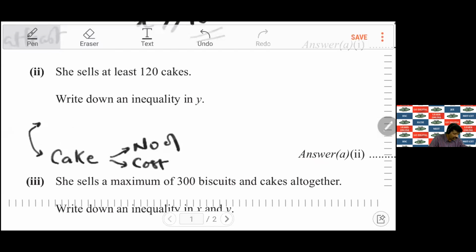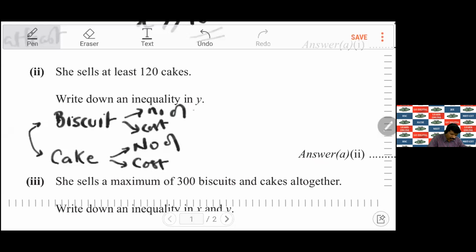Biscuit. So you are dealing with cake and biscuit both. Biscuit again has a number and again a cost.